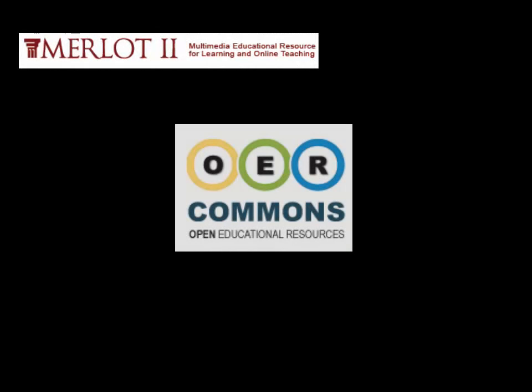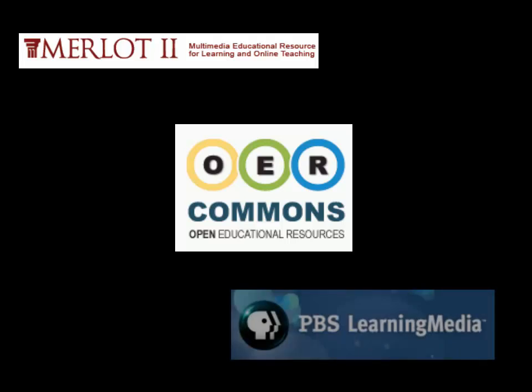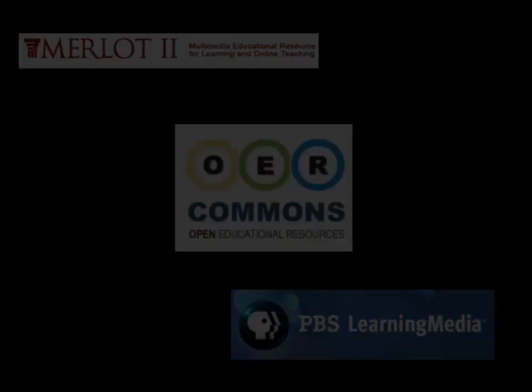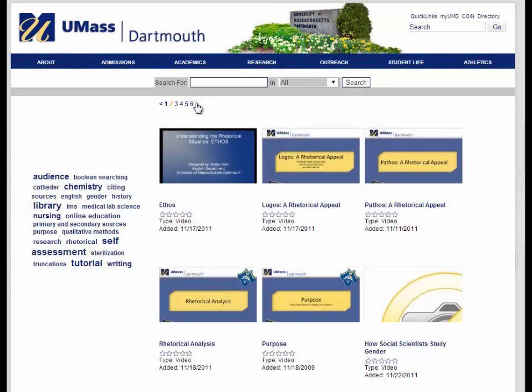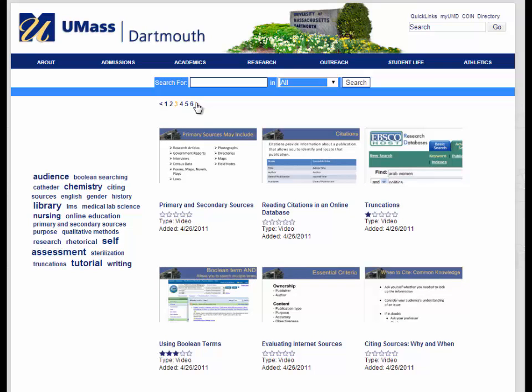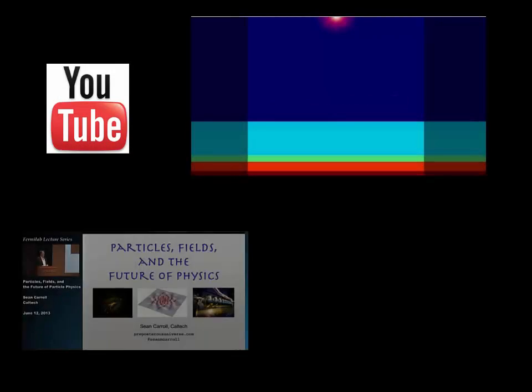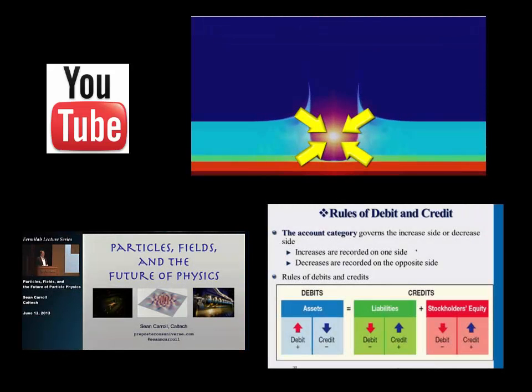Open educational resources can be found at a variety of websites and organizations where the material is freely available for you to use. These sites include UMass Dartmouth's own Learning Object Repository. You can also find a plethora of resources on YouTube on a wide variety of topics.